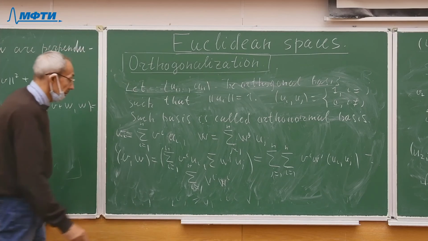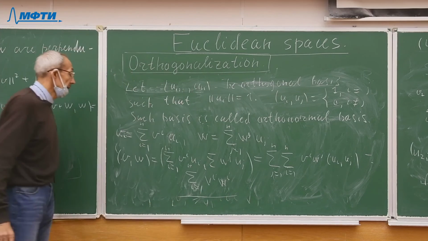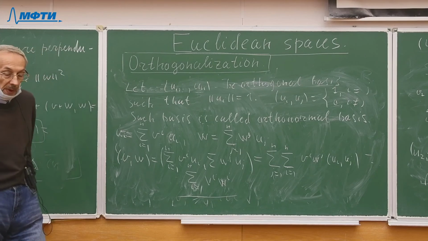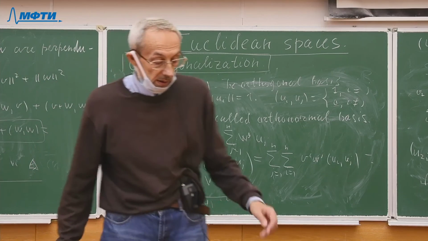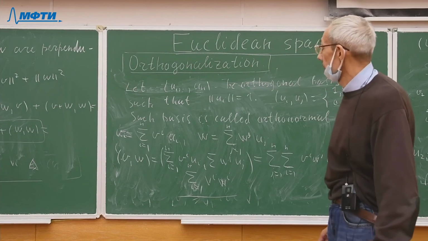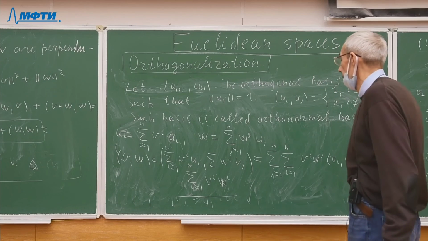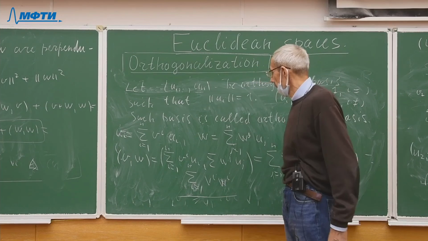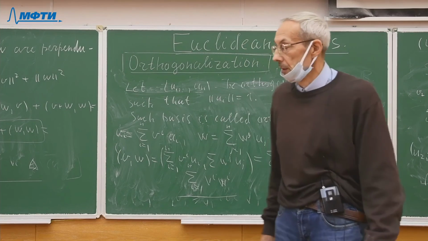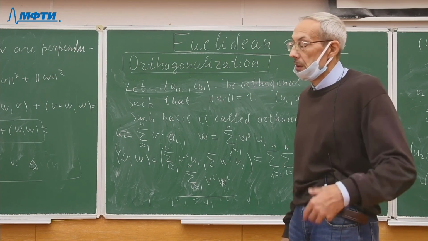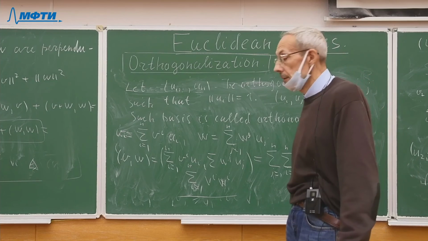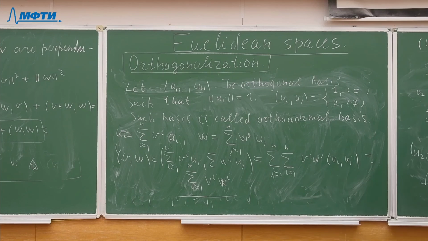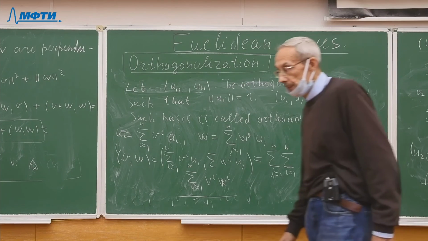And this formula gives us exactly the dot product of coordinates of these vectors. If we have an orthonormal basis, we can reduce the problem of calculation of the scalar product to the problem of calculation of the dot product. In other words, the scalar product can be reduced to the dot product if we choose the basis as an orthonormal basis.